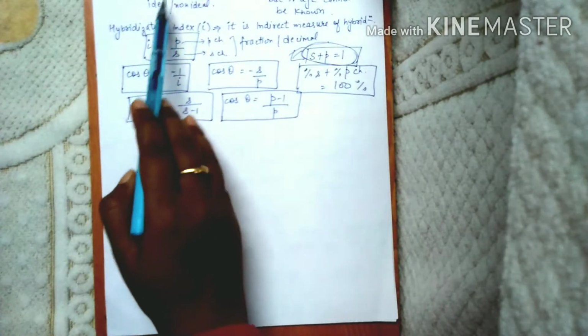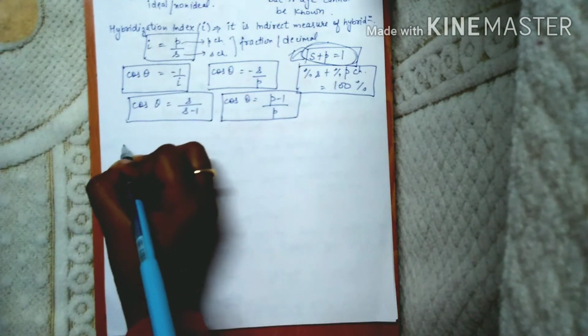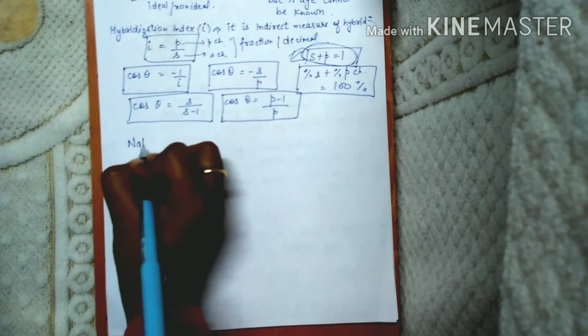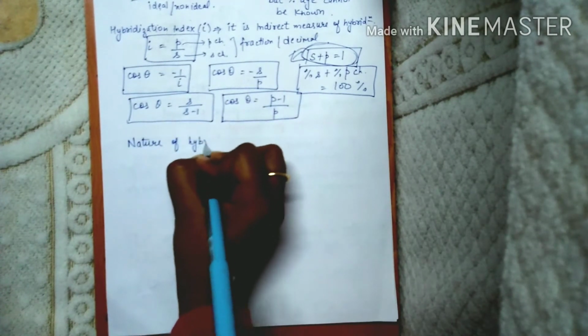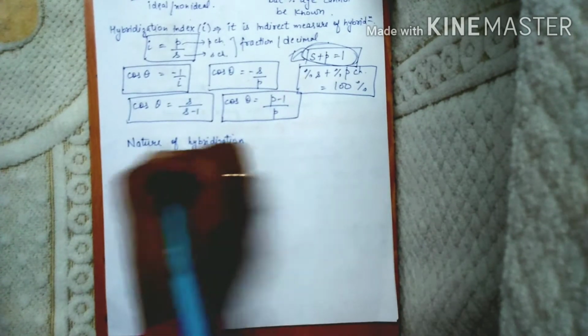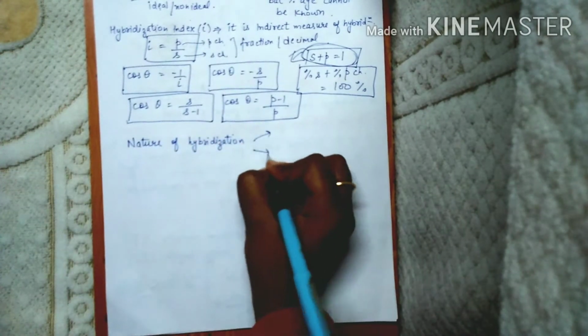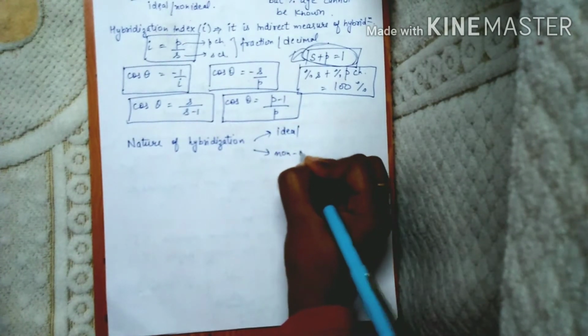Now we'll get to know about the ideal and non-ideal mixing. Basically, the nature of hybridization could be ideal or non-ideal.